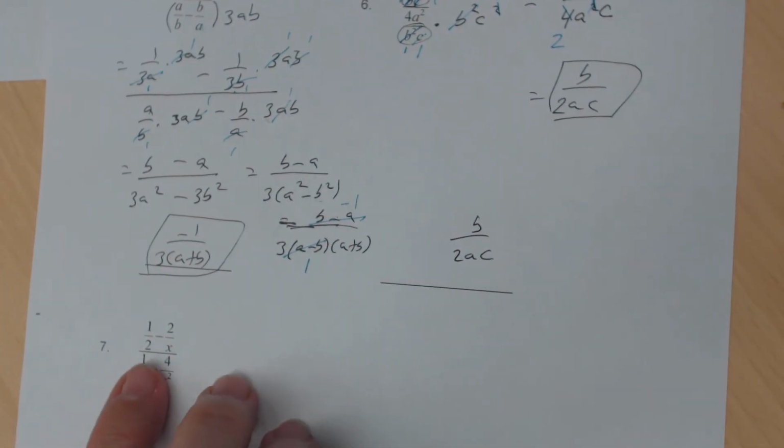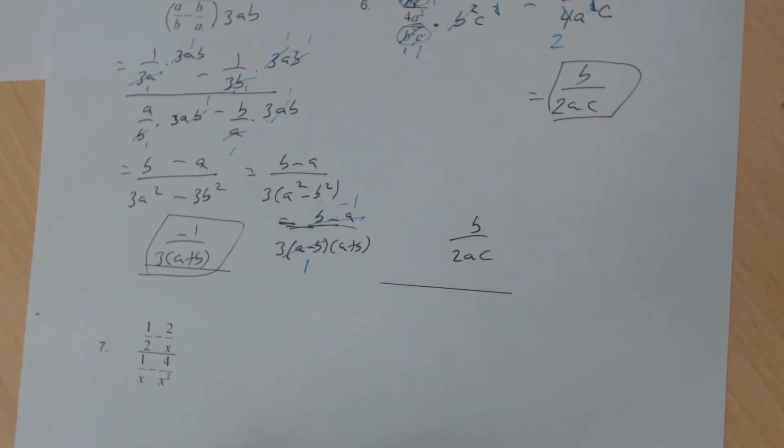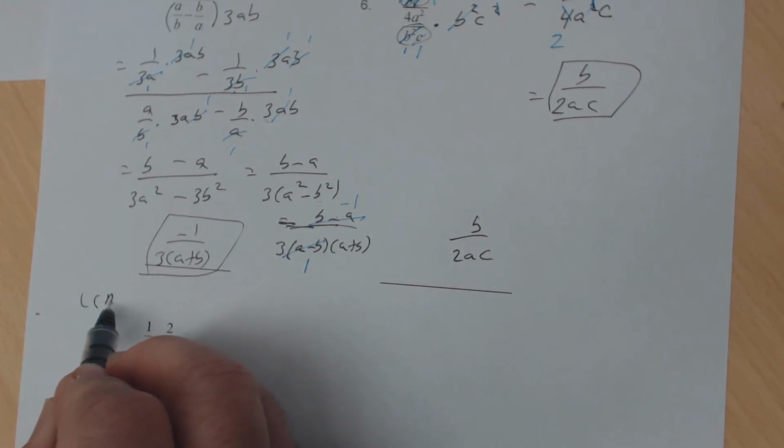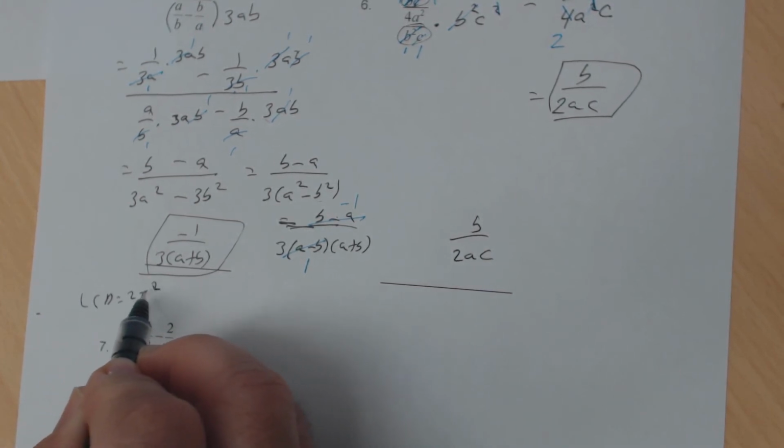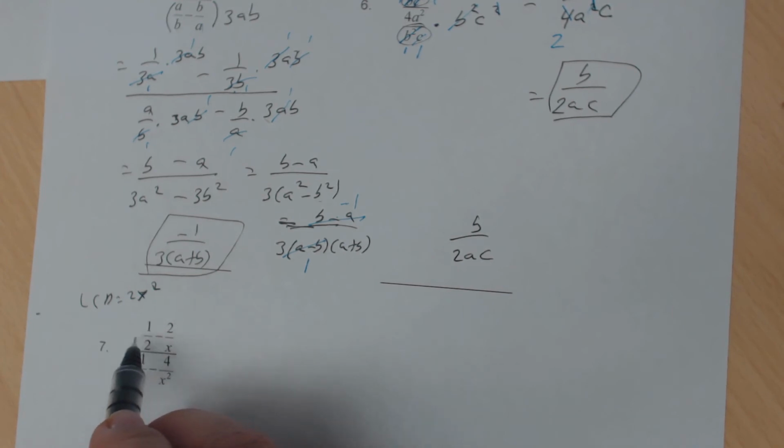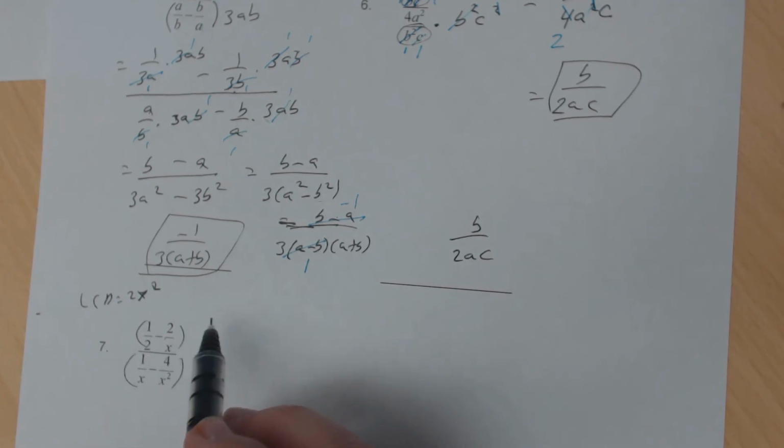Okay, now in this one here, the last one, you have the LCD being 2x squared, it looks like. So LCD here will be 2x squared. And since I have at least two fractions here, I'm going to close that in parentheses, and I'm going to multiply the numerator part by 2x squared, and multiply the denominator part by 2x squared.